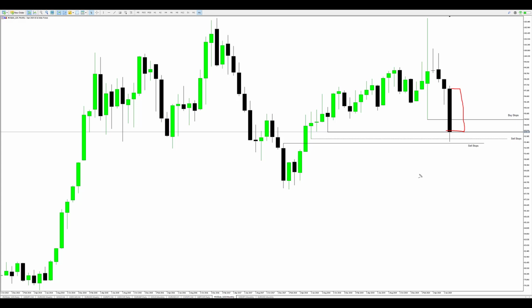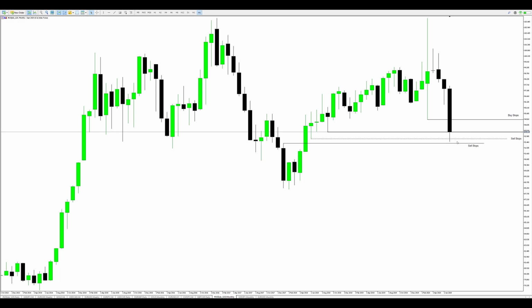liquidity void. So now looking at dollar index on a monthly chart, I'm expecting a bit of a retracement to 93.80 or 94 price point. That will also be dependent on what the fundamentals are actually saying.